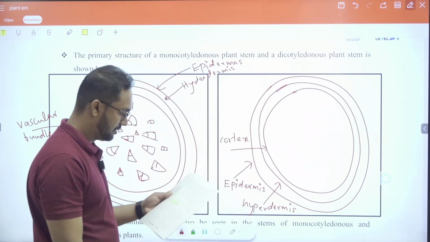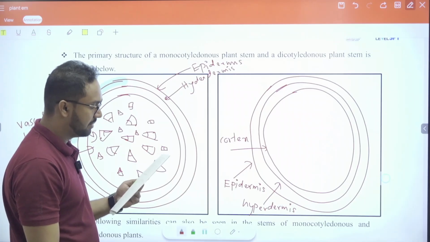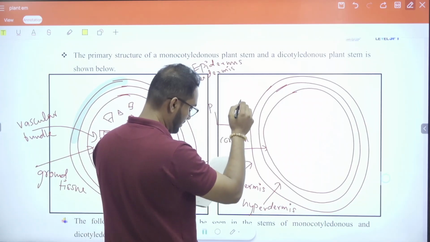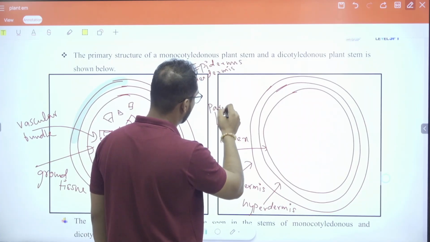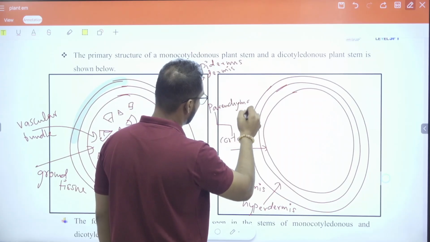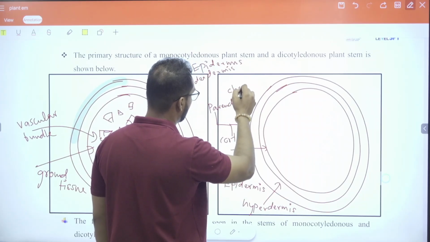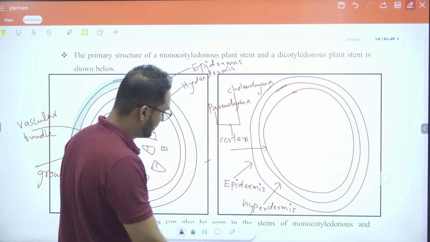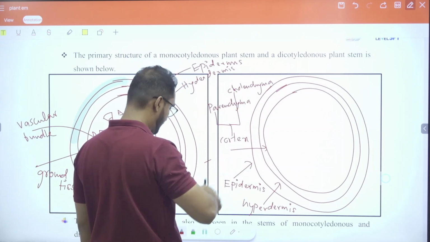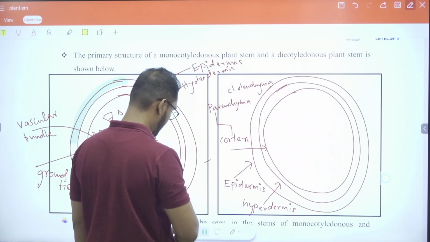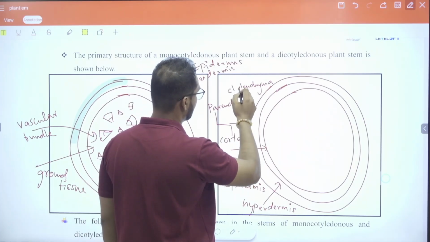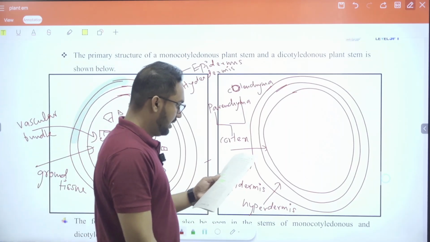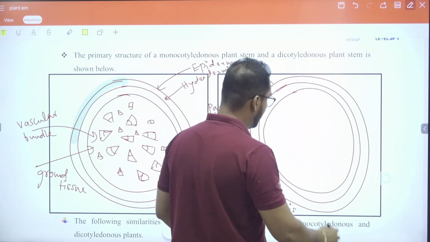The cortex is made of two things, collenchyma and parenchyma. Parenchyma doesn't have an H. The inner part is the ground tissue, and the very middle is the pith.